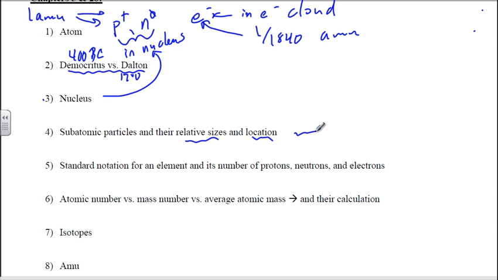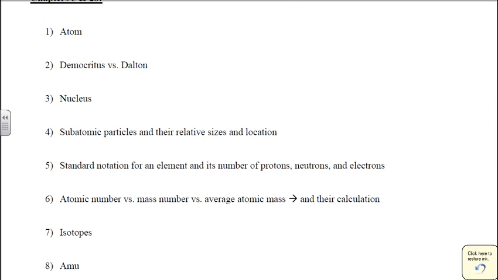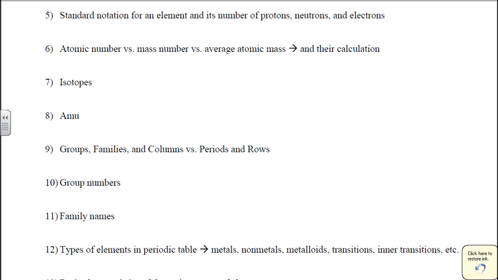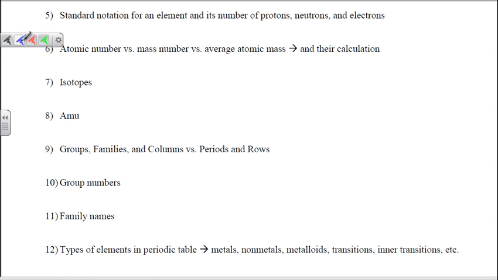Standard notation for an element. So number 5. 5 is very important. Everything's important here, but I know there are some questions with this. So 5, standard notation for an element. It's numbers of protons, neutrons, and electrons. And this comes off the periodic table. So here's the symbol we used before.